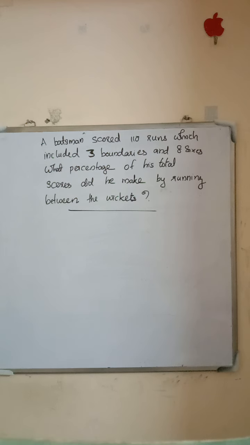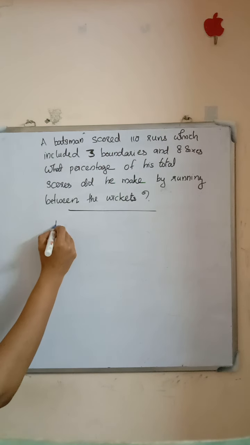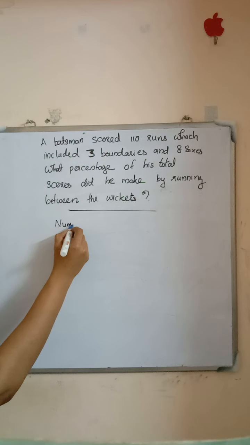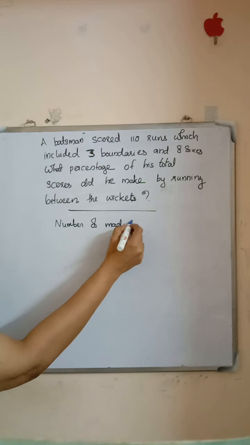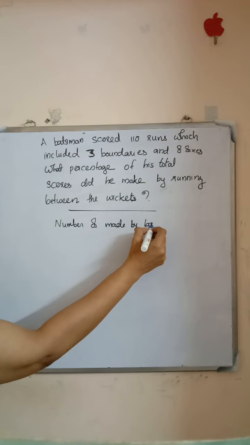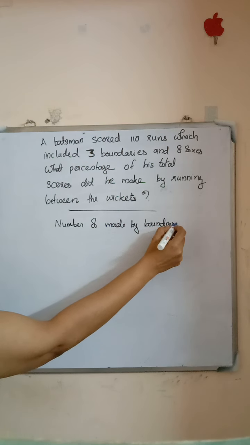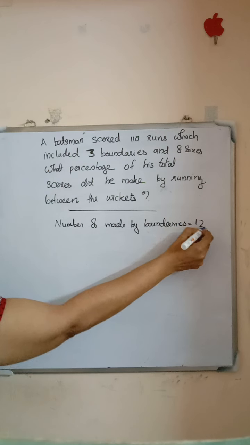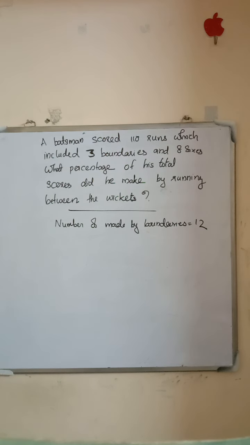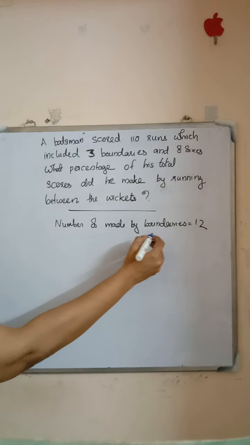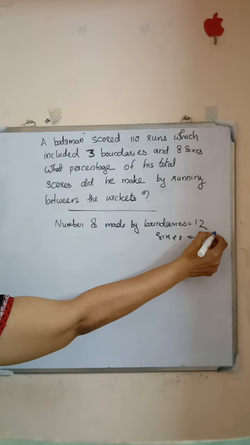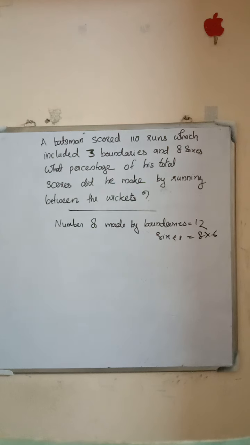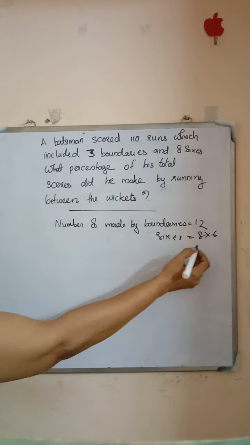The number of runs made by boundaries is 4 into 3, 12. And the number of runs made by sixes is 8 into 6, 48.